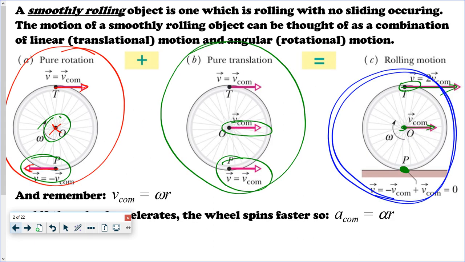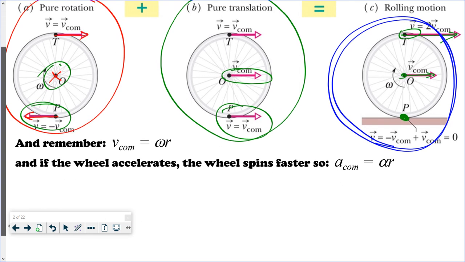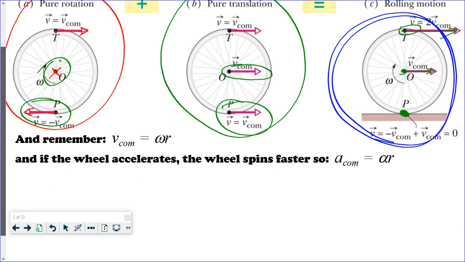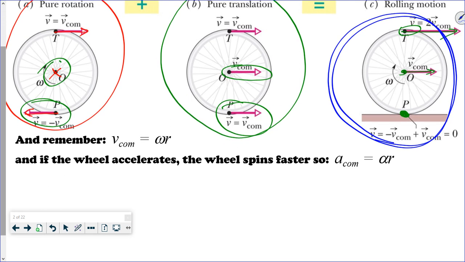So let's see. What else haven't we talked about here? All right. Now, during smooth rolling, it is true that the velocity of the center of mass is just equal to the angular velocity of the tire times the radius, okay? So in other words, your jumper equations work. And if the wheel is accelerating, your jumper equations work for the acceleration too.